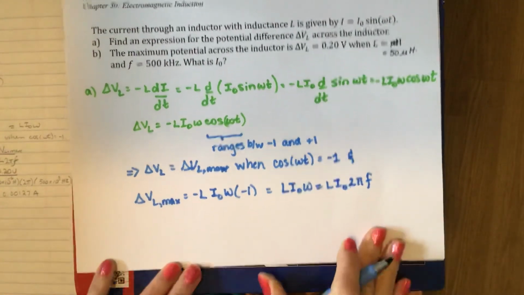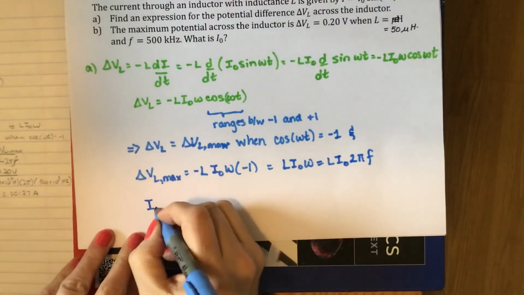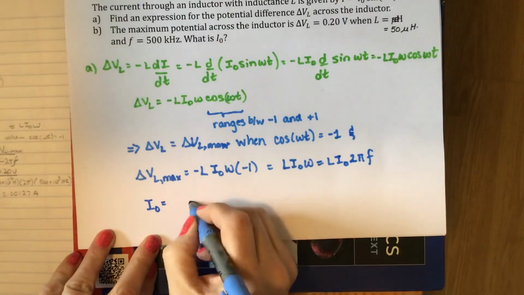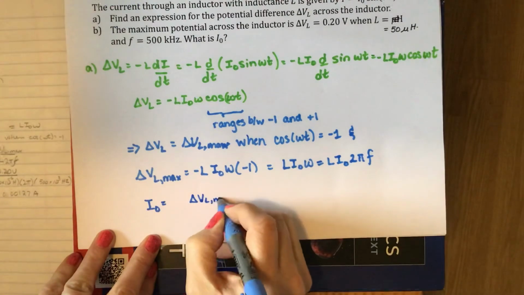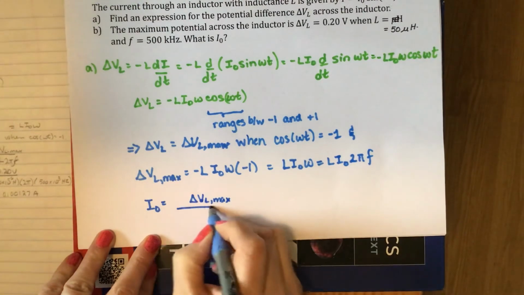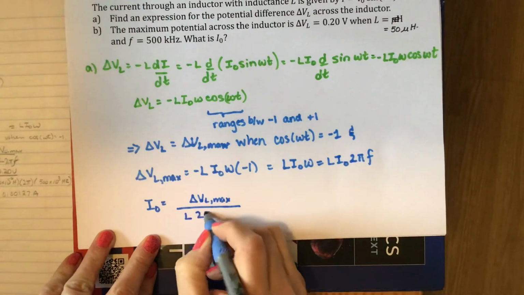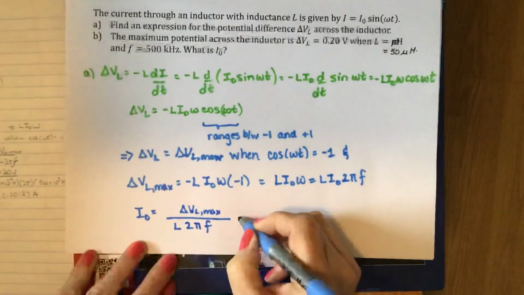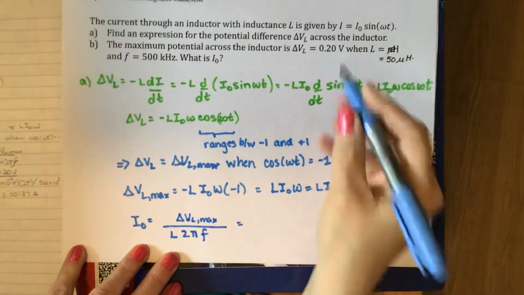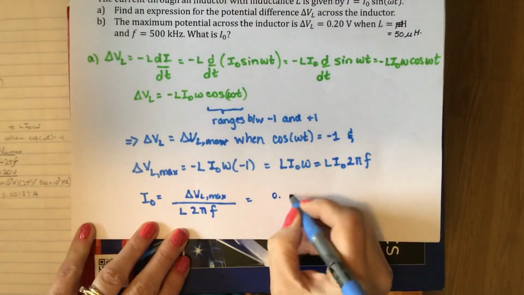Now we can solve for that maximum current I0. So I0 is going to be delta VL maximum, the maximum potential across the inductor, divided by L times 2 times pi times f. We can put our numbers in. The maximum potential is 0.2 volts.